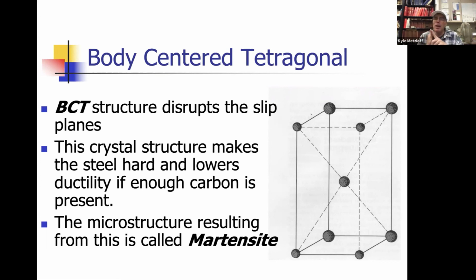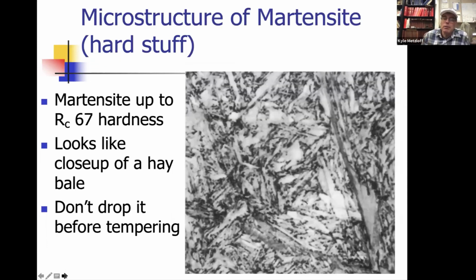Because it's under a lot of residual stress, because this is changing the volume of the part. And it's very hard, so there's no ductility. What's going on is the slip planes, these glide planes where the atoms used to slide over each other, are all messed up. If you remember that, as far as mechanical properties are concerned, it'll tell you a lot.